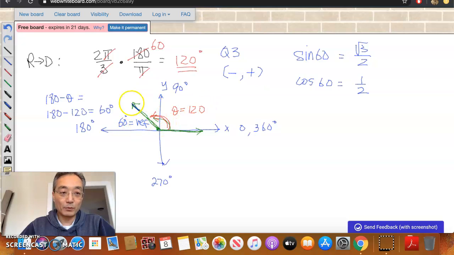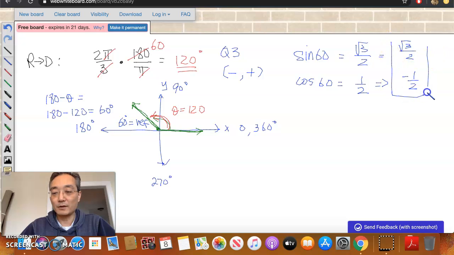Any point that's in here, the x's are negative, but the y's are positive. So we know that sine is the y, and cosine is the x. So therefore we know that cosine has to be negative 1/2, and sine has to be positive radical 3 over 2. So there are our answers.